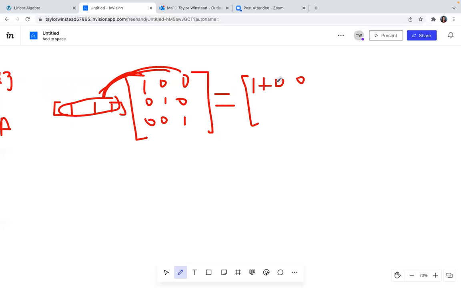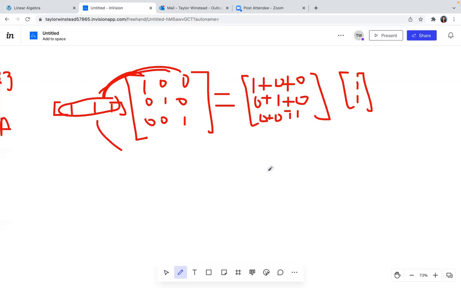And you're adding these together, remember, because it's multiplication. We're going to get 0 plus 1 plus 0, and 0 plus 0 plus 1. Well, what are we going to end up with? 1, 1, 1.